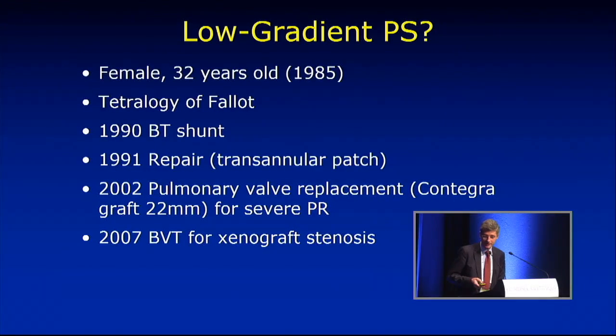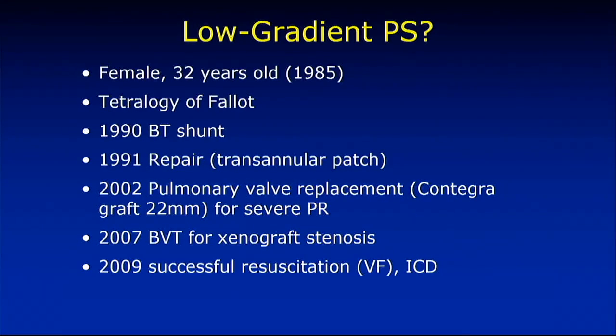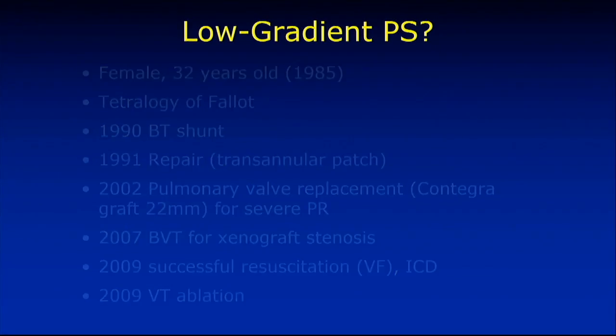And in 2007, still in pediatric care, she is reported to have had a balloon valvotomy because of a suspected xenograft stenosis. In 2009, she was successfully resuscitated, received an ICD, and during the same year later, VT ablation.